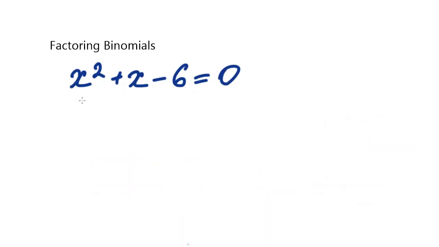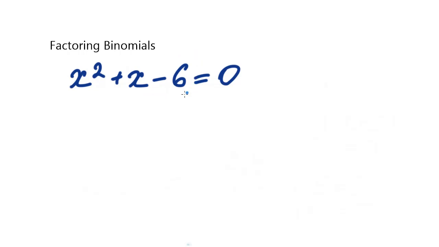Let's take a look at another example. x squared plus x minus 6 equals 0. Now we're looking for two numbers that multiplied give us -6 and added give us 1. Now what numbers could they be? Well, let's just give it a try.